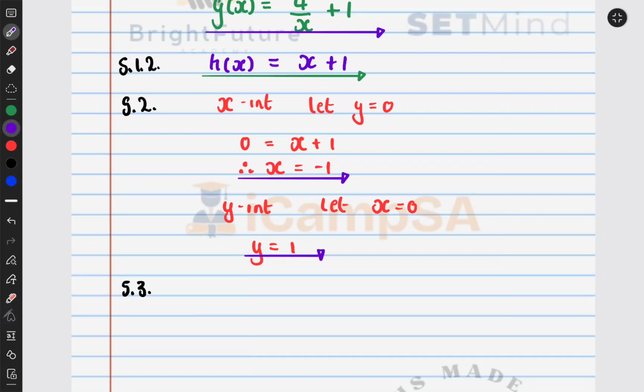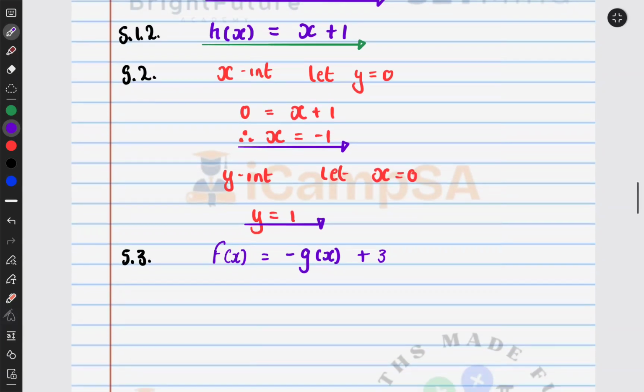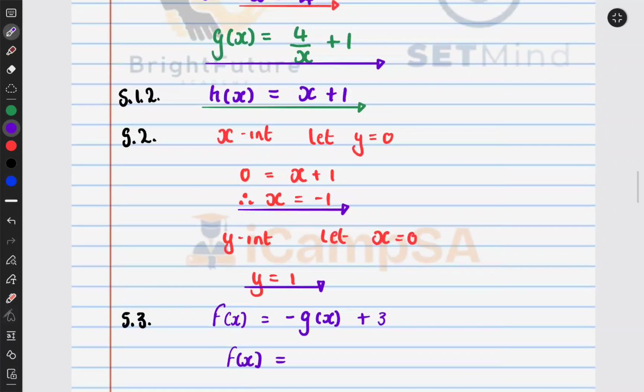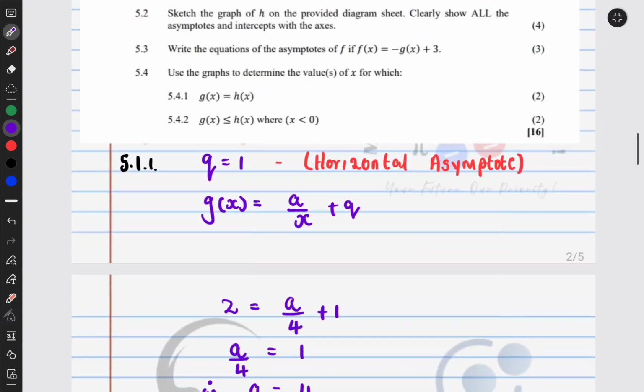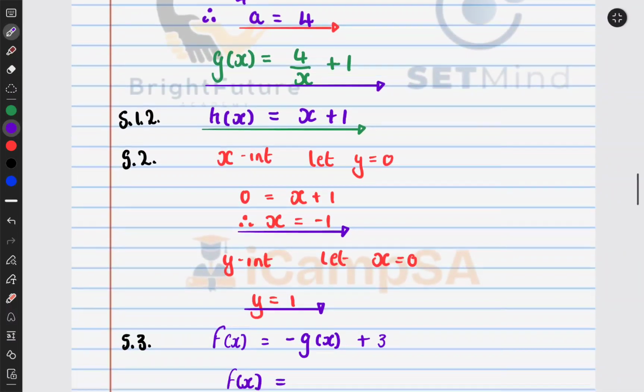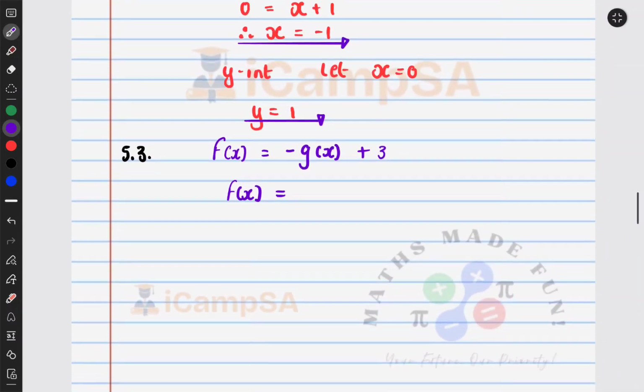5.3. We are told that f at x is equal to negative g at x plus 3. So the function has been flipped about the x-axis and then translated 3 units upward. Therefore f at x is equal to, what is the function of g at x? We calculated the equation of g at x as 4 over x plus 1.